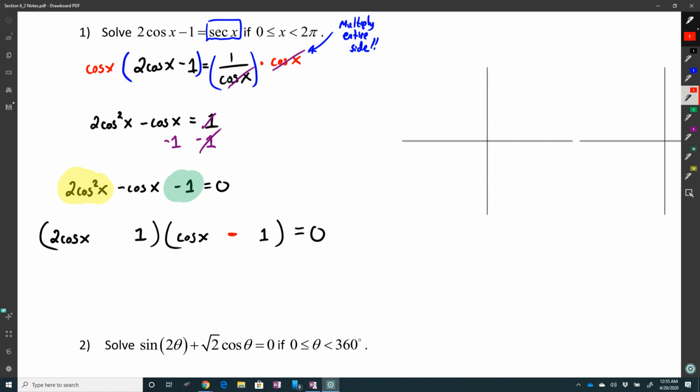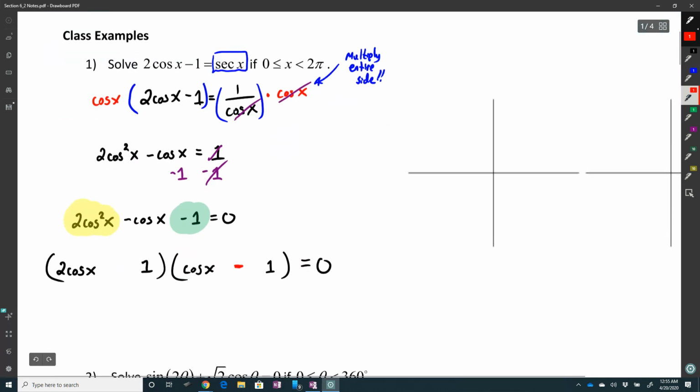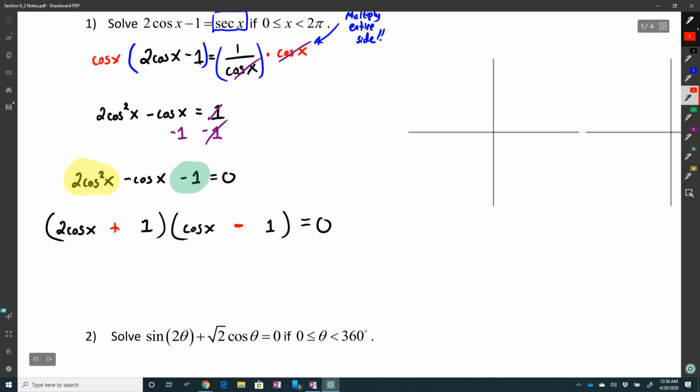Outer, 2 cosine x times negative 1 is negative 2 cosine x, but then I can add 1 times cosine x to get the minus cosine x. And then 1 times negative 1 is negative 1. If you don't like doing this, you can always use the quadratic formula, and it'll work out. But anyway, this is factorable.